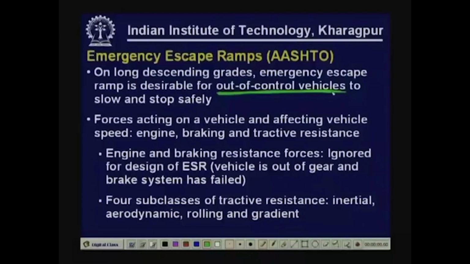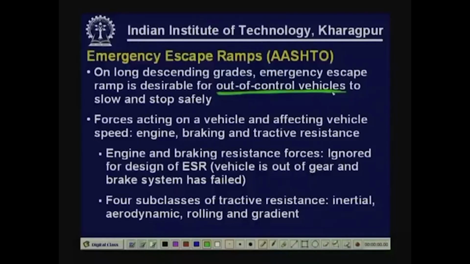So, how do we handle an out of control vehicle without causing serious damage to other traffic, property and human beings? Now, let us see what forces act on a vehicle and affect its speed.